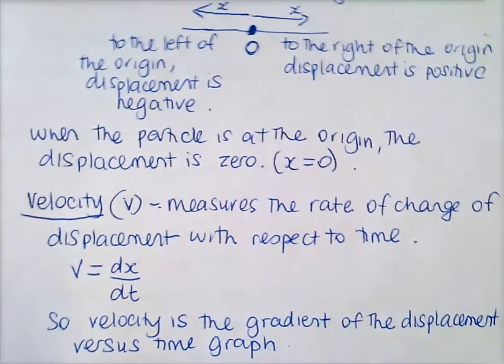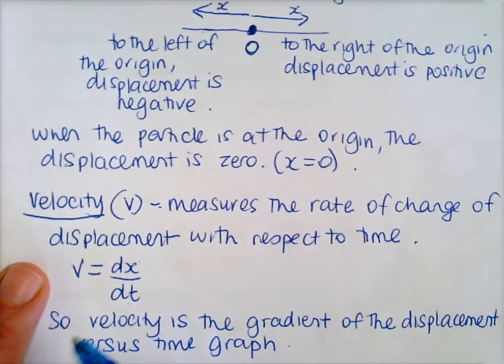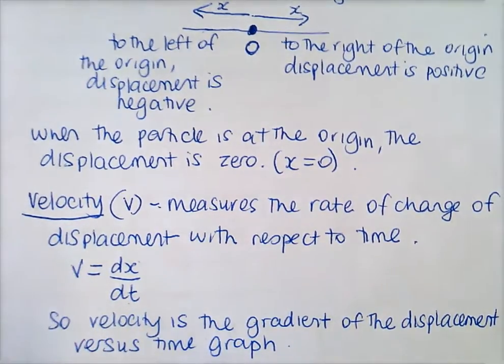The reason is that dx/dt is the first derivative of the displacement. So if I give you a displacement versus time graph, the gradient will be the velocity at that particular time.